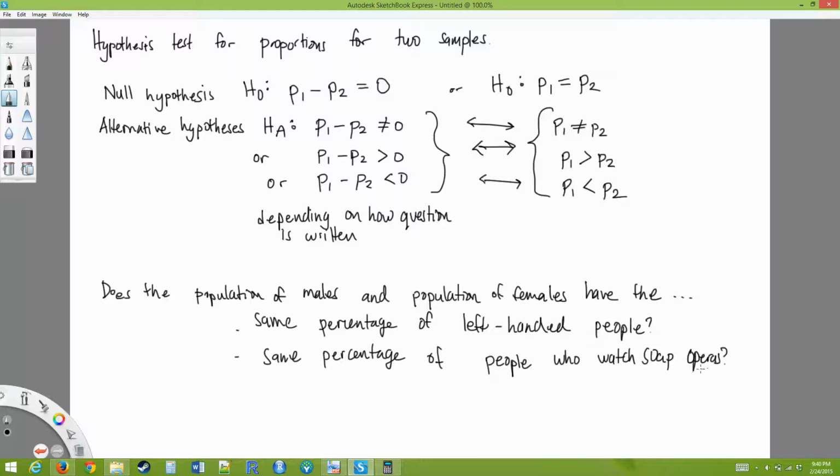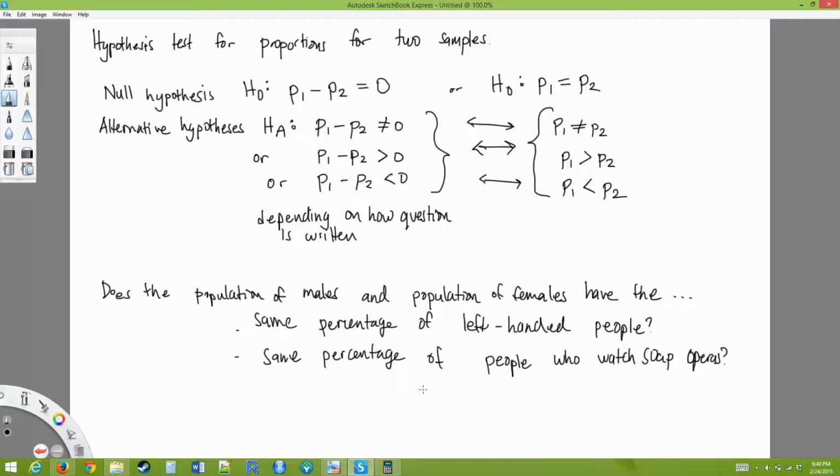Whatever thing you want to talk about, we're asking: does the population of teenagers have the same percentage as the population of adults who do whatever?